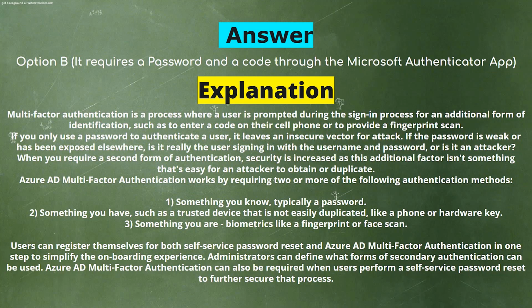Users can register themselves for both self-service password reset and Azure AD multi-factor authentication in one step to simplify the onboarding experience. Administrators can define what forms of secondary authentication can be used. Azure AD multi-factor authentication can also be required when users perform a self-service password reset to further secure that process.